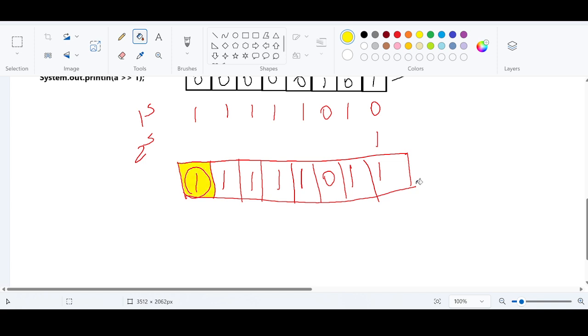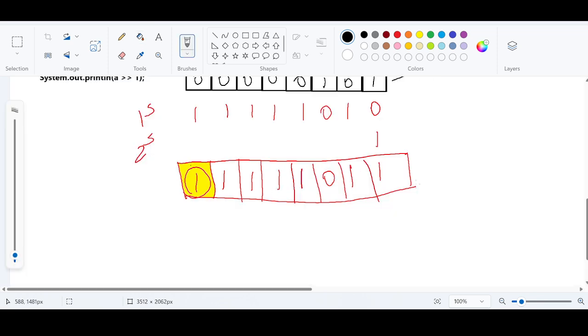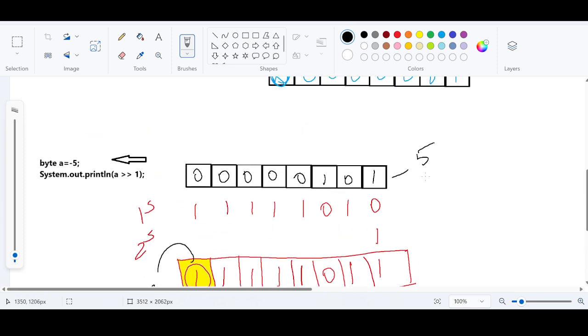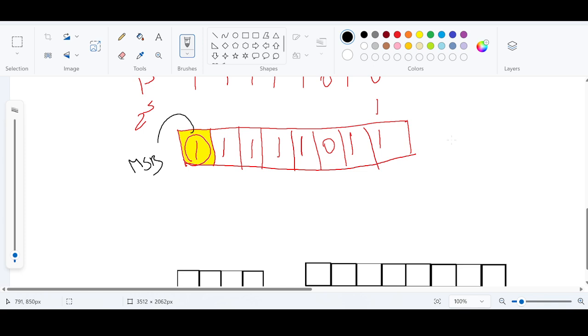So this is the MSB, the most significant bit. After finding the most significant bit, you are right shifting it by 1. So everything has to get right shifted by 1.